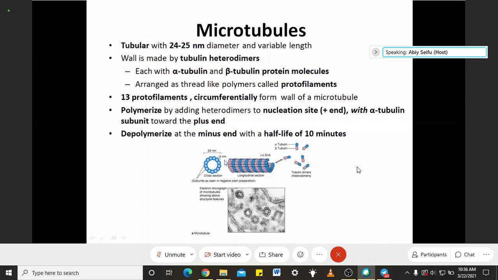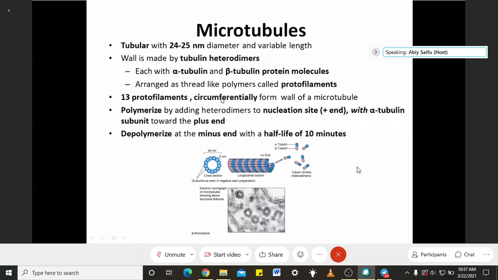And they form in this manner one elongated filament. This elongated filament is named protofilament. And out of these protofilaments, 13 of them would be laid in a circumferential manner, creating one tube. That tube is named microtubule.